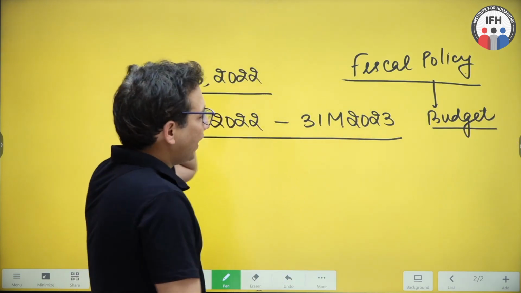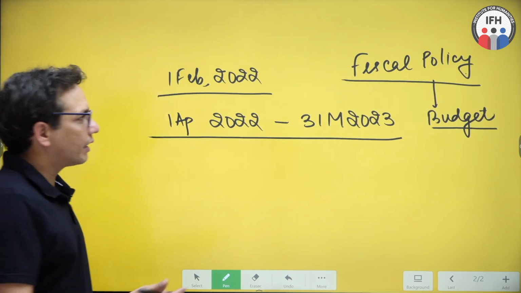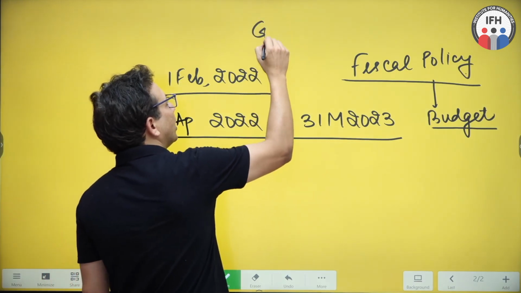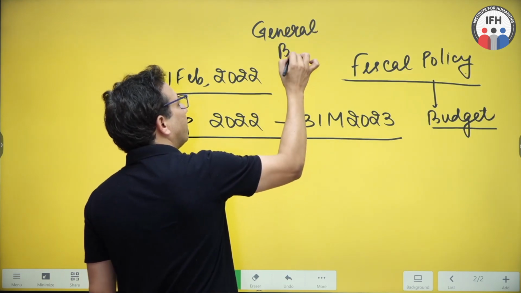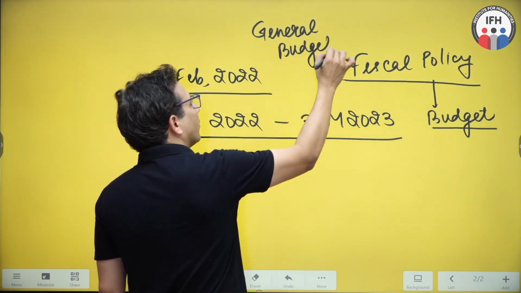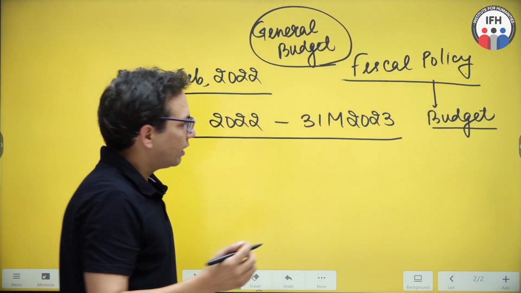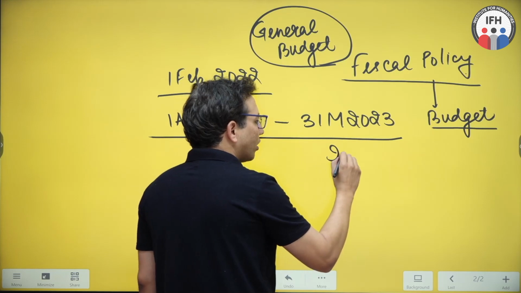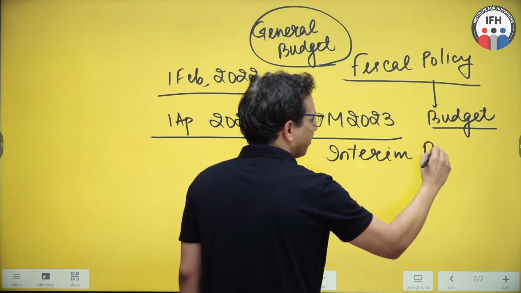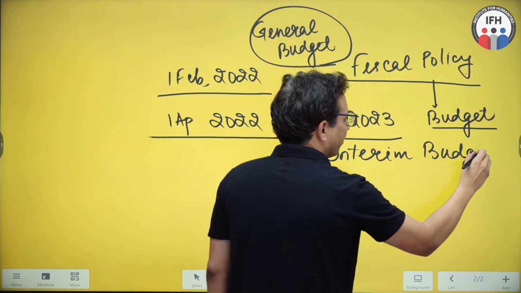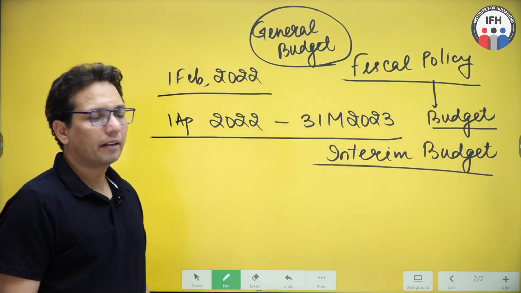This budget which we present every year is also called the general budget. And the budget which is presented during election year is called the interim budget.